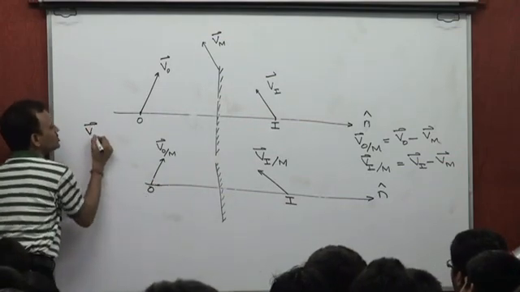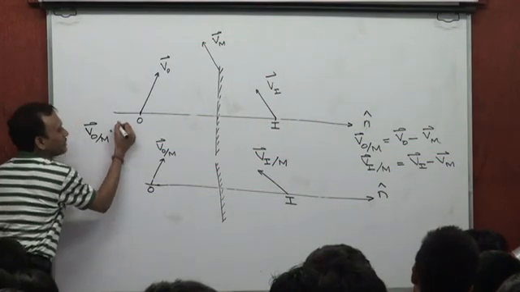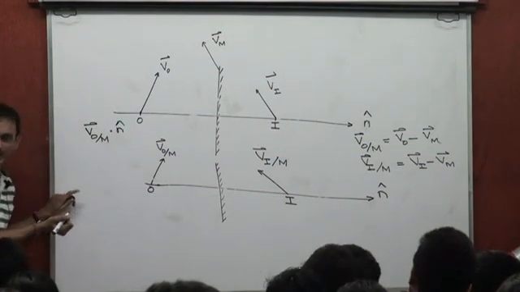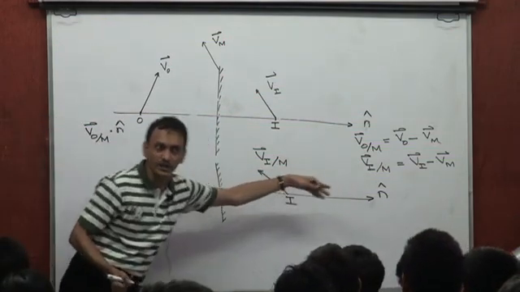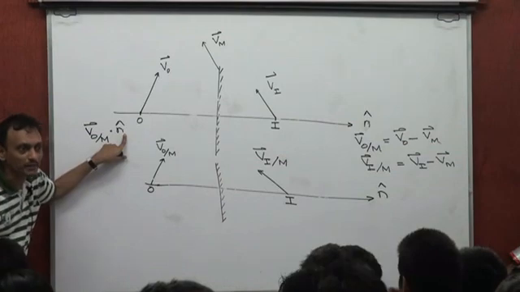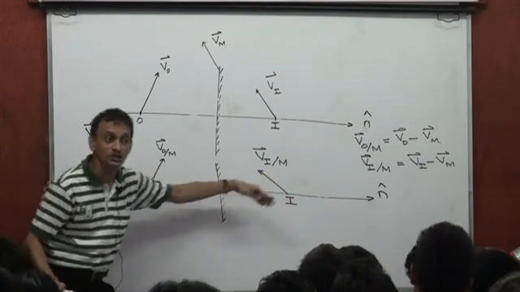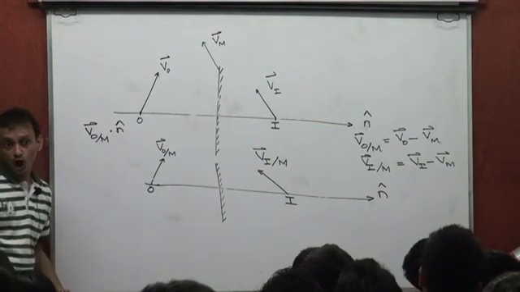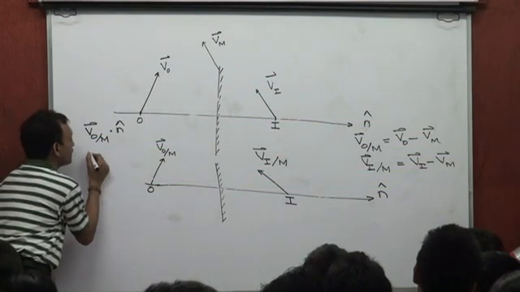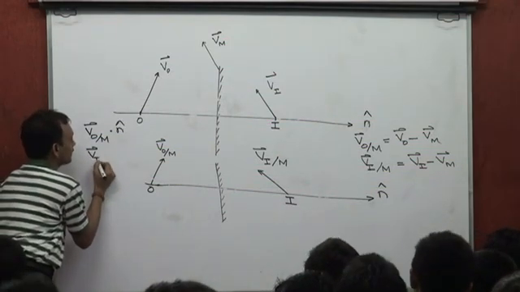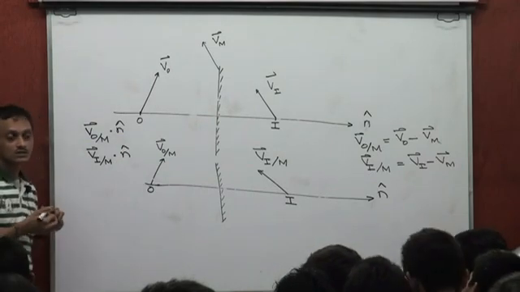What's the relative velocity of the object in the direction n cap? It is the relative velocity dot n cap, right? The velocity of the object with respect to the mirror along the direction n cap would be this dot n cap. That's the component of this velocity in the n cap direction. Right? And what's the velocity of the image with respect to the mirror in the n cap direction? This.